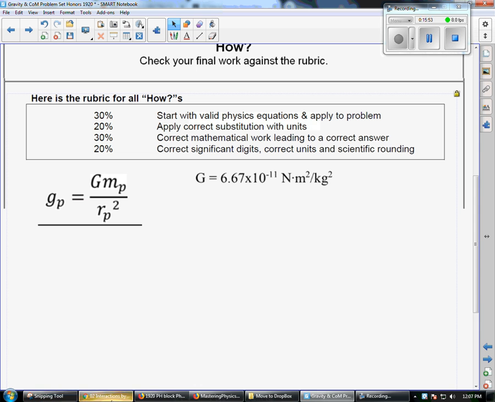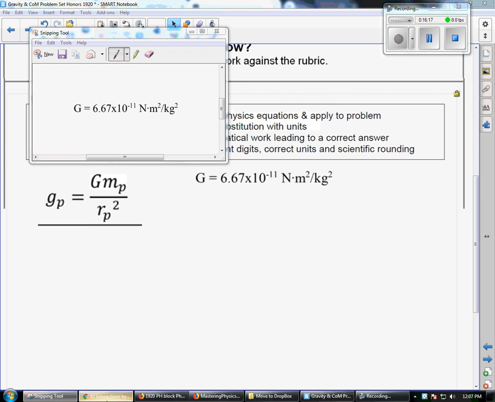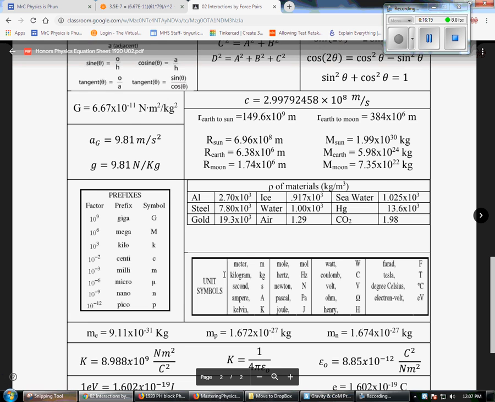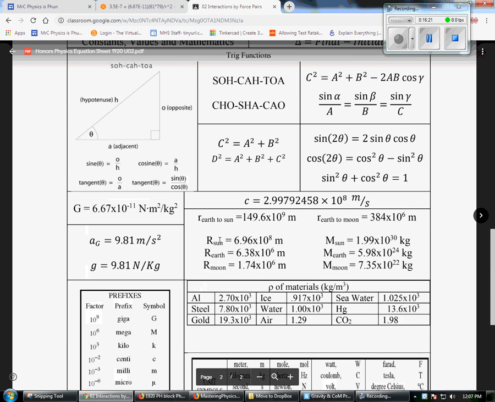And then I need the mass of the Earth because it's creating the field, and I also think I'm going to need the radius of the Earth. Remember, this RP is how far you are from the center of the planet. Remember, it doesn't stand strictly for radius, but how far apart the two things are. I think I'm going to need those factors about the Earth, so they're right here on my equation sheet also.